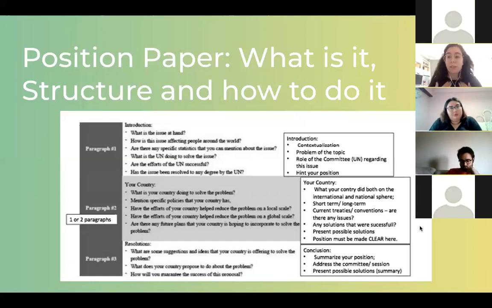Did your country do something to end child labor? And how can we do it as fast as within one year, by 2022? And how can we talk about it more specifically in the fashion and garment industry? This is the whole structure of a position paper.